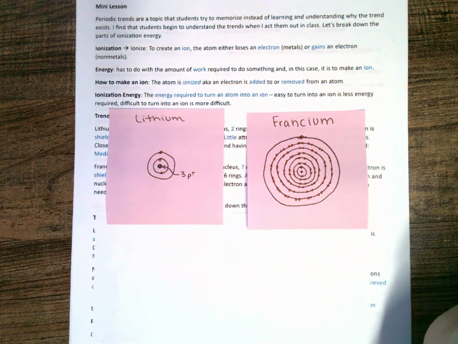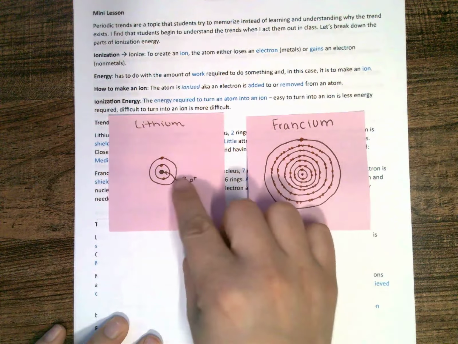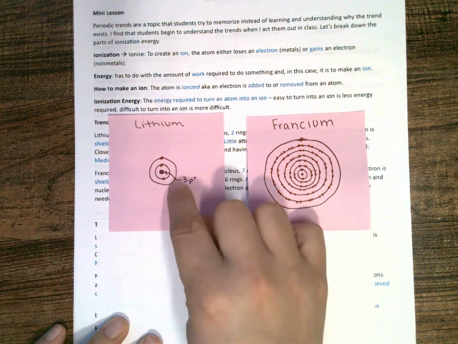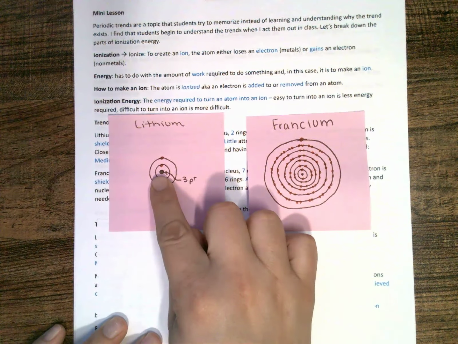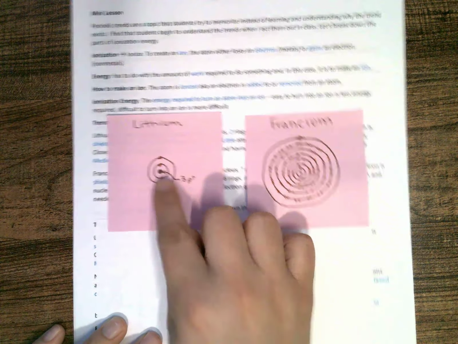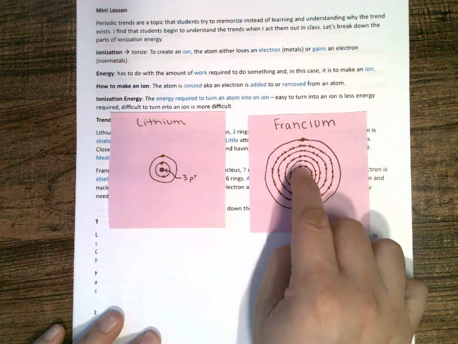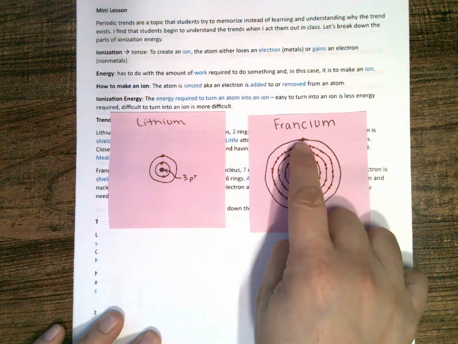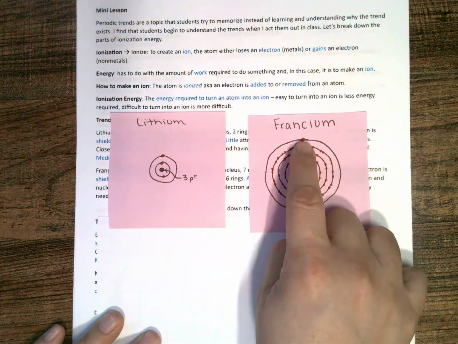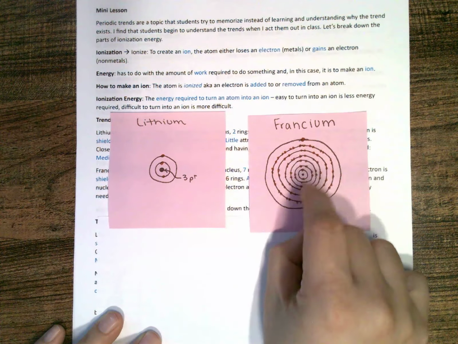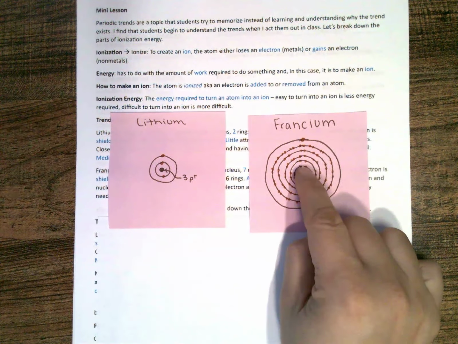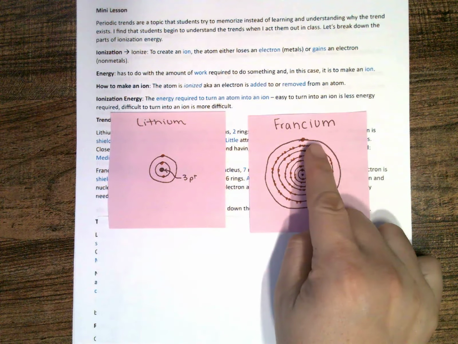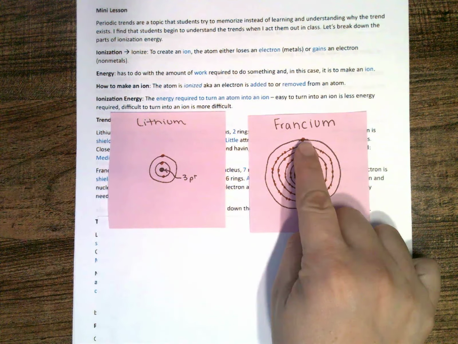For lithium, we have 2 rings, my valence electron close to my nucleus. Whereas francium, I have all of these rings of inner electrons, and then I have my valence electron way out here.